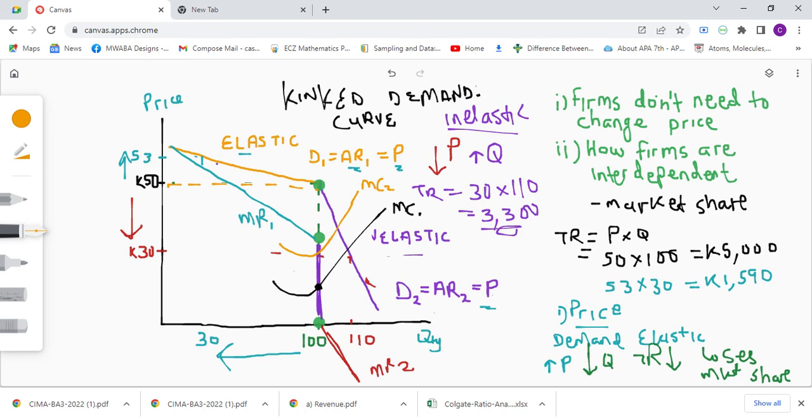So even though our costs increase in this vertical gap, assuming that a firm is a profit maximizer, and the cost of supply increases or decreases, we're not going to change our price. We'll still be charging the same price, as we can see here. So thank you guys, and we'll see you next time.